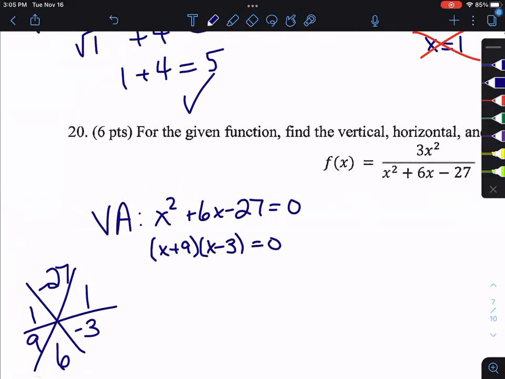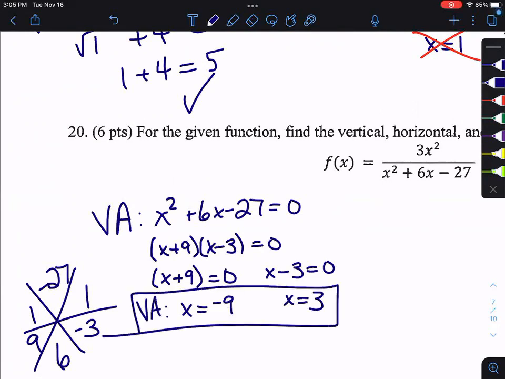Again, that zero product property tells us that if we have two sets of parentheses, in this case being multiplied together and their product is 0, then one of them must equal 0. So x plus 9 equals 0, or x minus 3 equals 0, going to give us x equals -9, x equals +3.